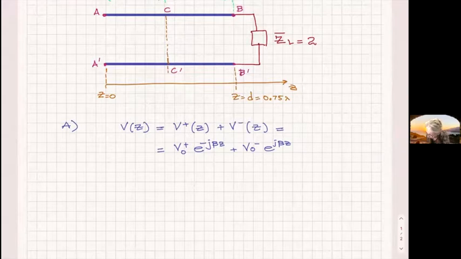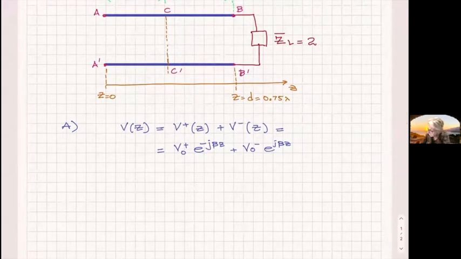So what else do we know? At Z equals D, we have gamma L equal to ZL. See, if I give you normalized, you don't even need to know how much your Z naught is.